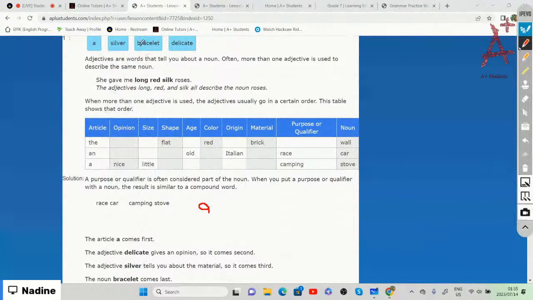There we have delicate. The adjective delicate gives an opinion, which means that delicate comes second. So A is the article, then a delicate.